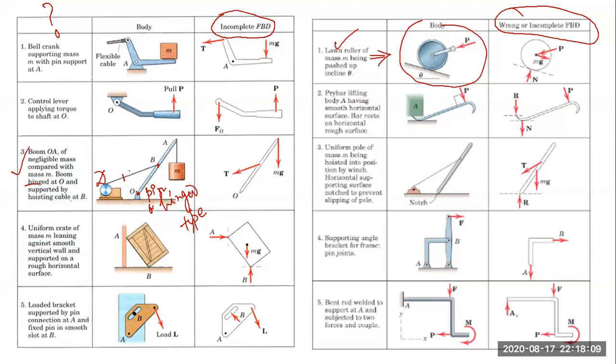So what type of support reaction is there at point O? It is not known to us. Without knowing that concept, we cannot say whether it is horizontal support, vertical support, or support at an angle.